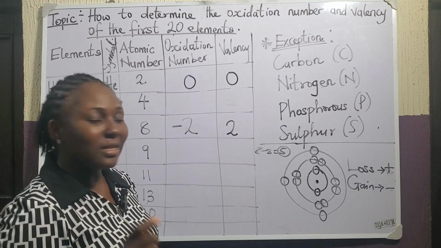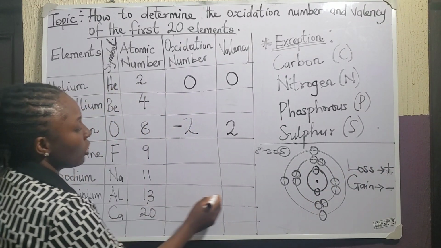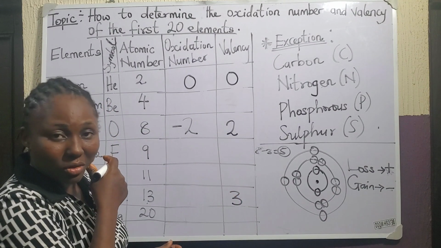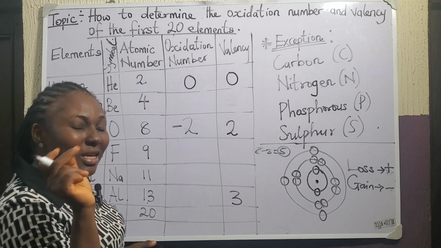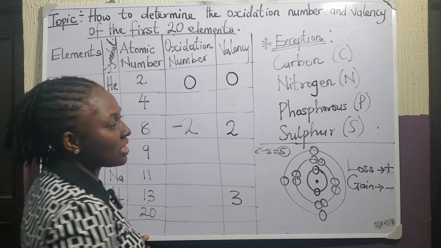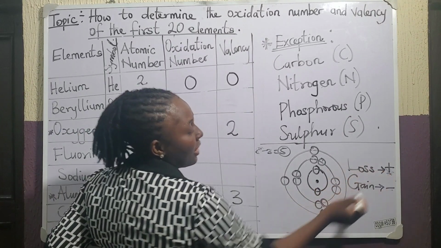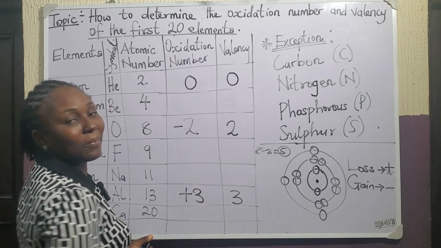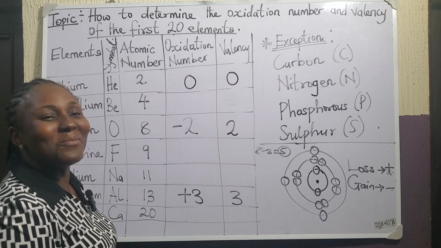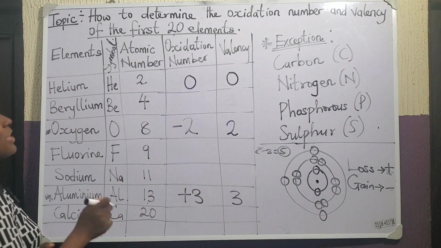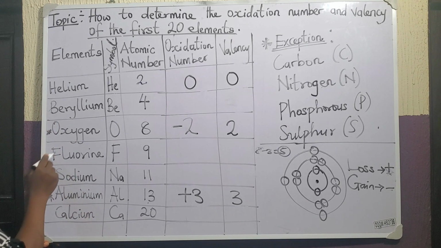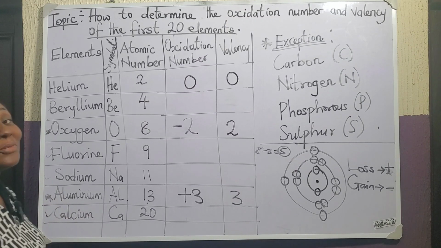Hence, the valency of aluminium is what? 3. Because that is the number of electrons it will lose. Now, the oxidation number that will show us the charge, it lost 3 electrons, so it is +3.